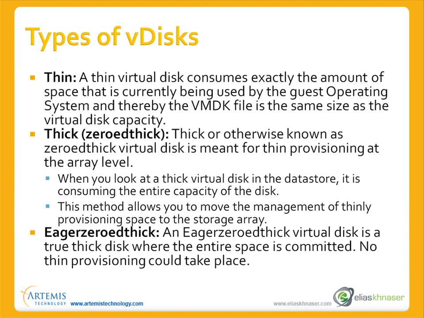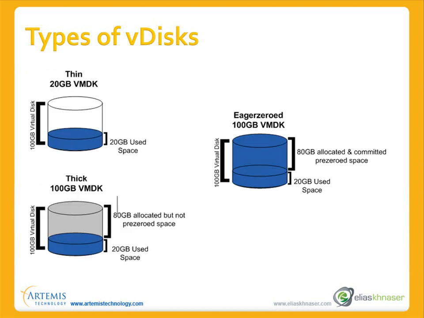Let's go back to the definition here. Thick, otherwise known as zero thick, is intended so that you can do thin provisioning at the array level rather than doing it at the vSphere level. So what you get with this type of disk, let's take a look at the example again. Let's say you provision a 100 gig VMDK. As far as the data store is concerned, as far as ESX and vSphere are concerned, this is a 100 gig VMDK.